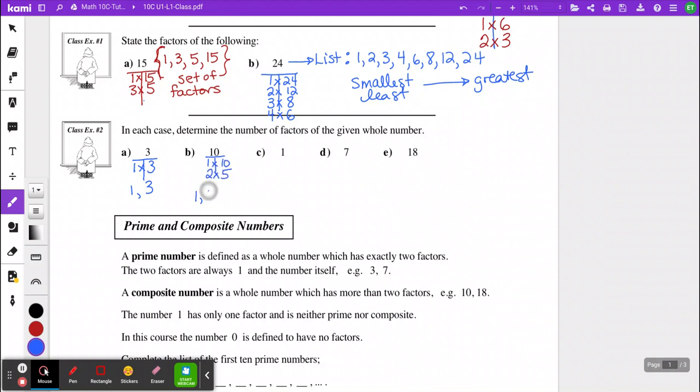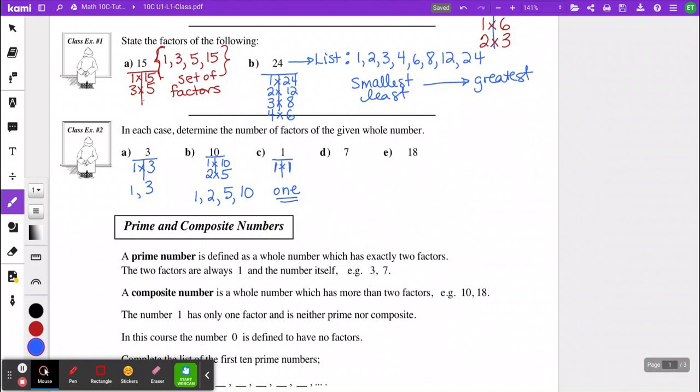Our factors are 1, 2, 5, and 10. Well, what numbers multiply to give us a 1? The only thing that multiplies to give us a 1 is a 1, and it's going to multiply by itself. So the only factor is 1. It's identical. It's multiplying by itself.